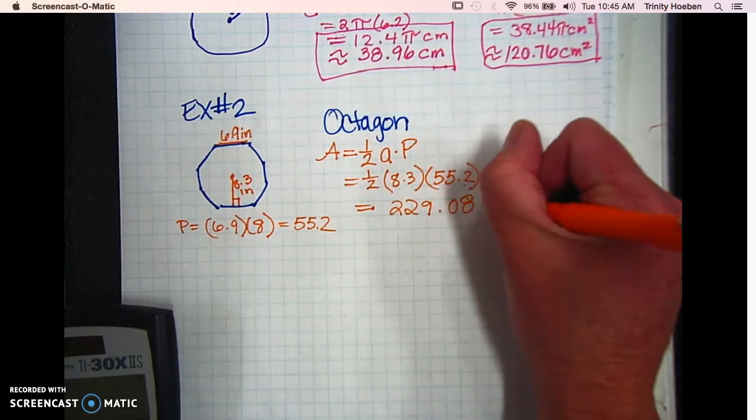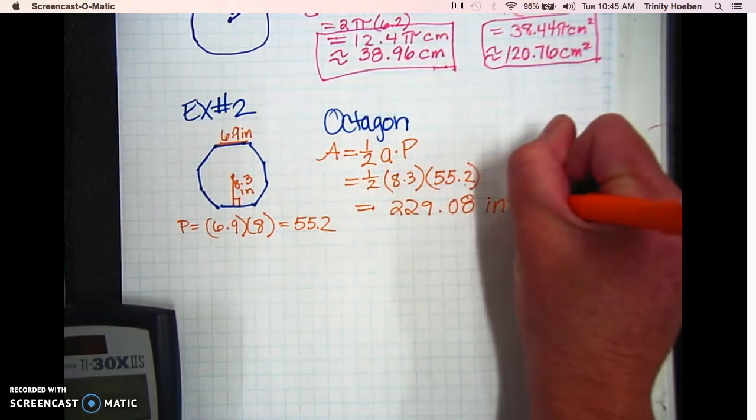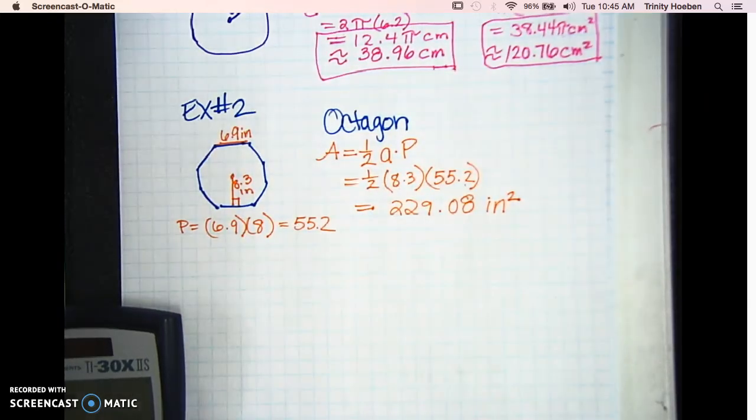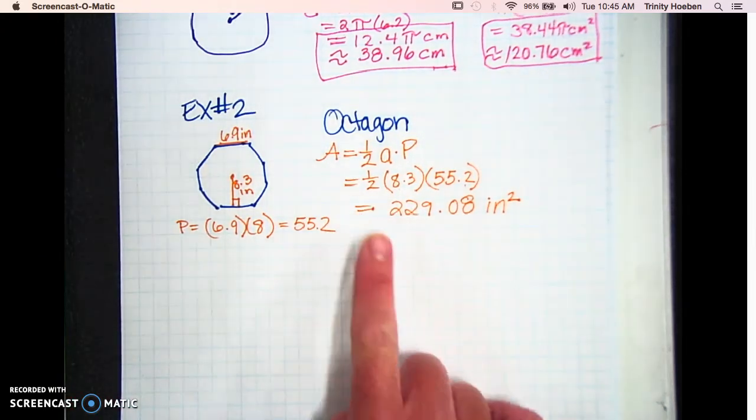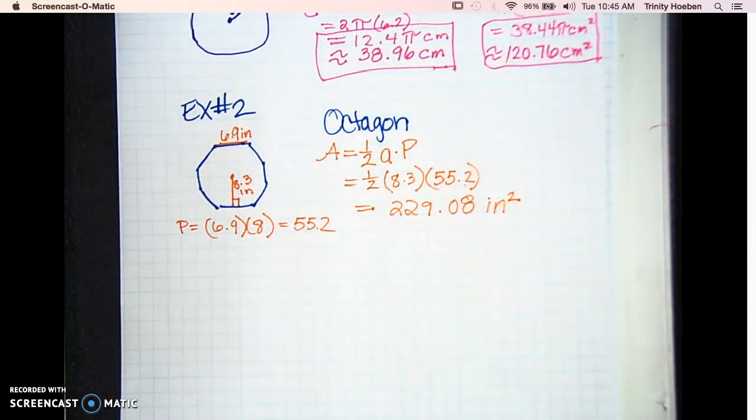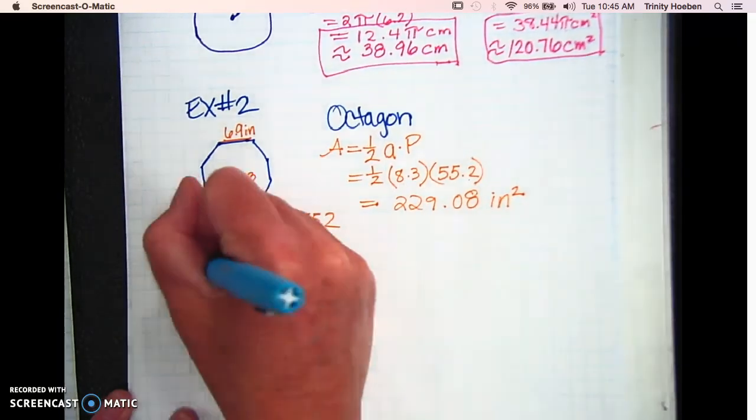So for the units, we say inches squared. All right. If you don't want to divide by 2, you can multiply by what? What's 1/2 as a decimal? 0.5, right? You can multiply by 0.5. Whichever is faster, easier, better for you, right? Example number 3.